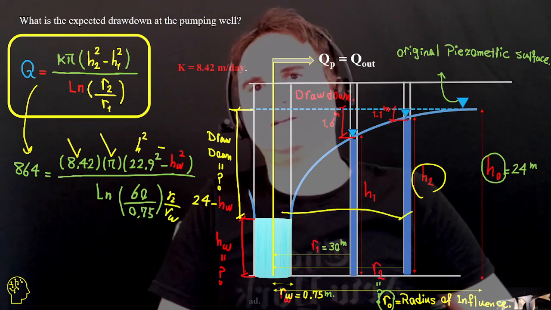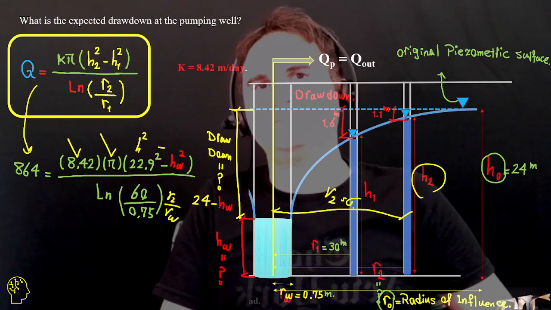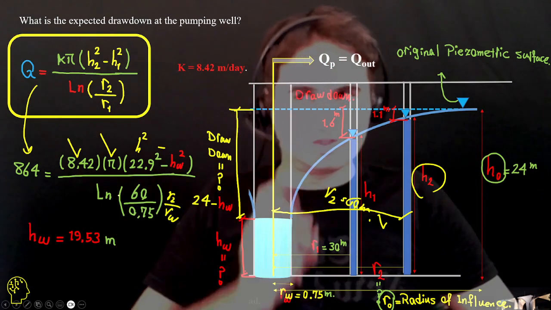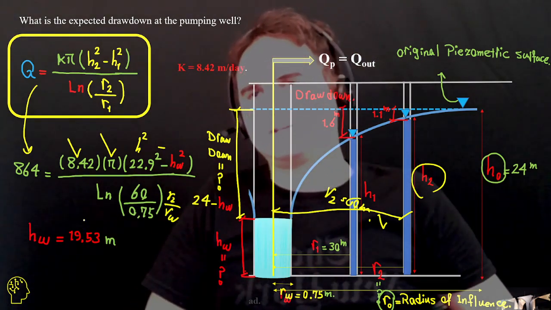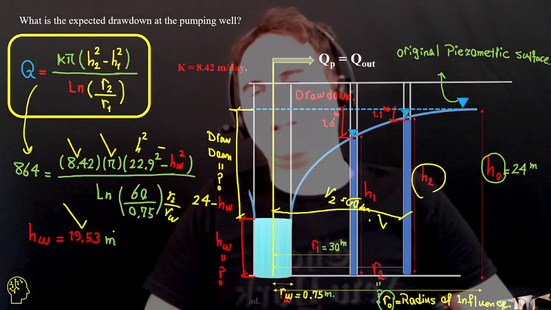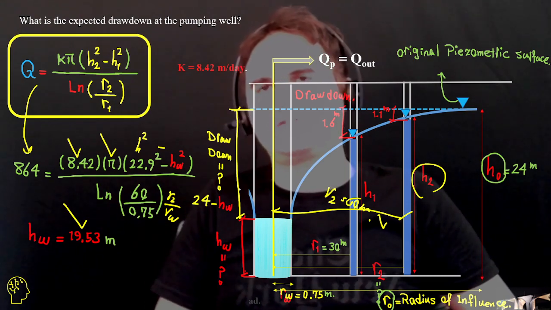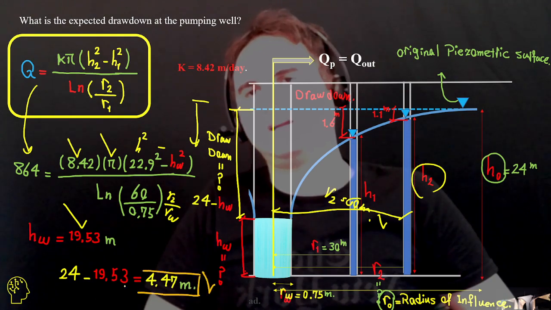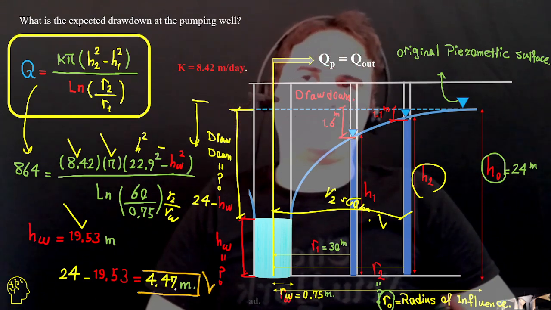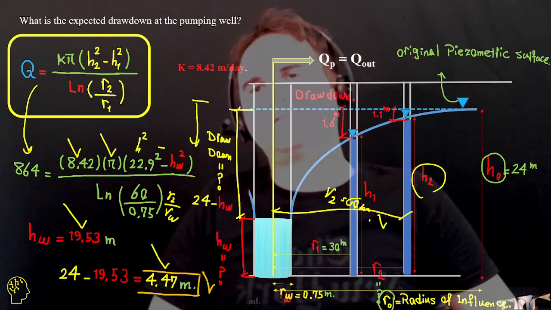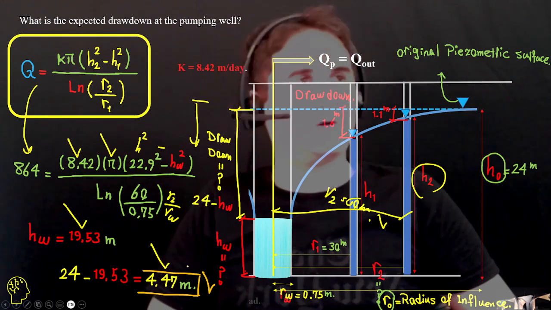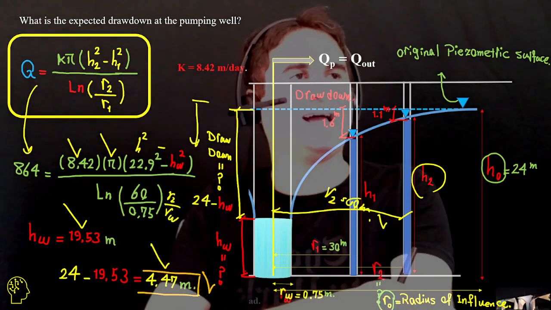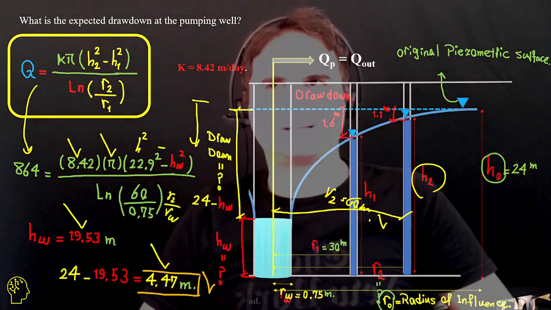We just calculated R2 is 60 meters in the previous part, and if you do so, it just gives you HW is equal to 19.53 meters. And then the drawdown, the drop of water, definitely is equal to 24 minus 19.5. It just gives you the numeric value of 4.47 meters of water in terms of the drawdown at the pumping well itself.